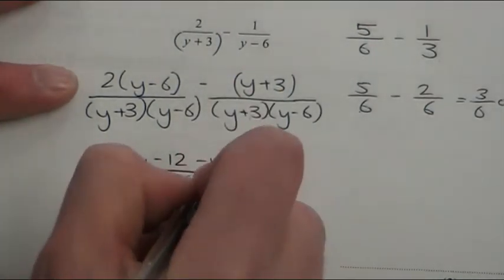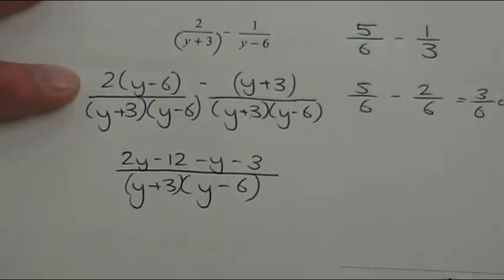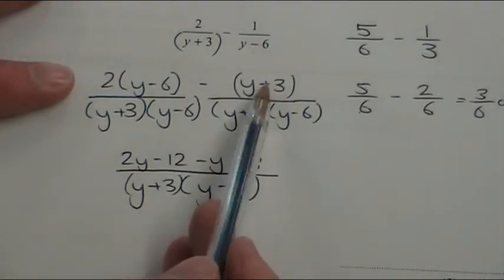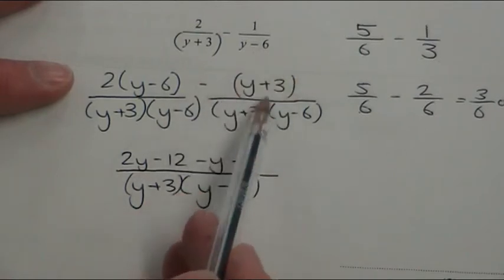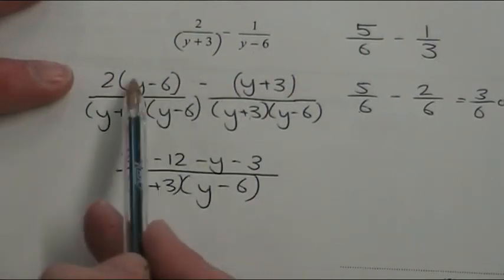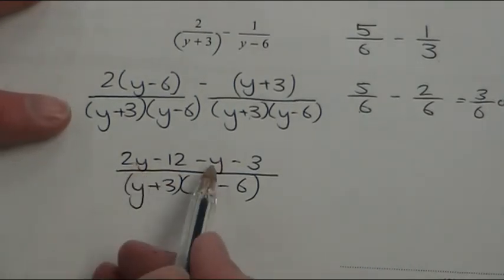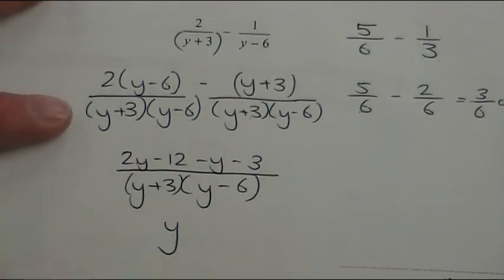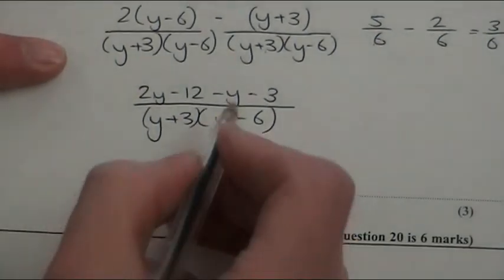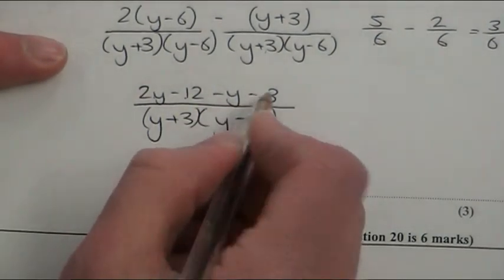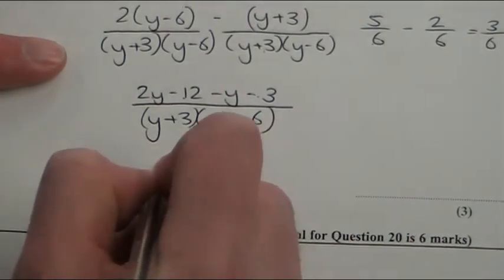So it's take away a y, take away a 3. Now this bit confuses a lot of people, but you're minusing this whole bracket from this one. So 2y take away a y is a single y. Minus 12 minus 3 is minus 15.